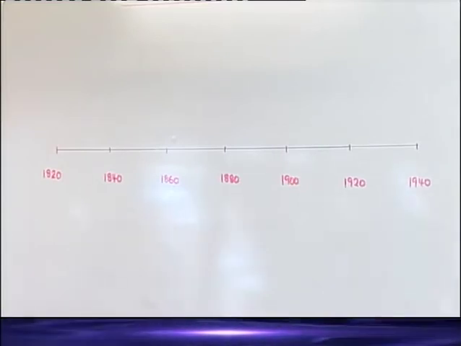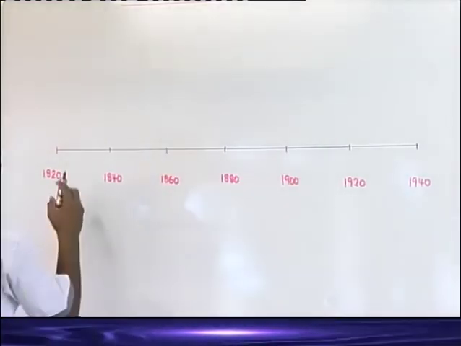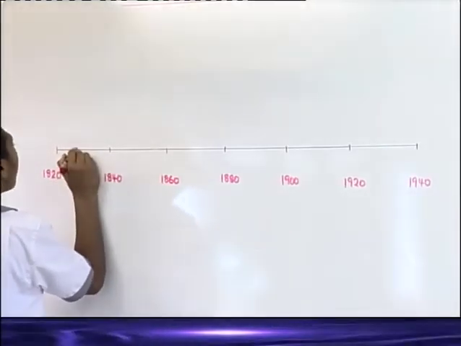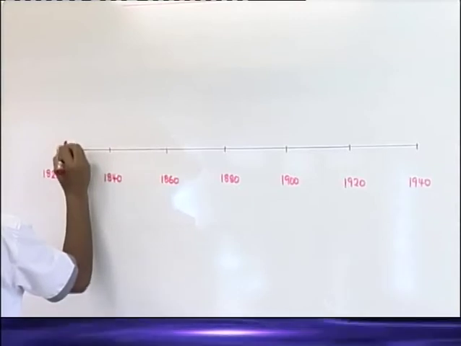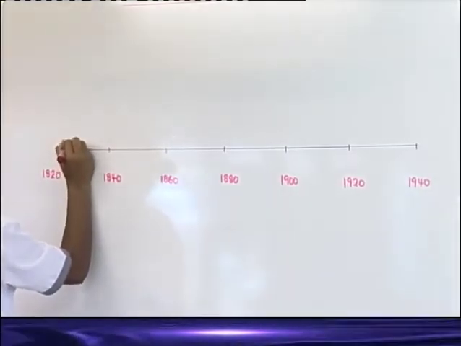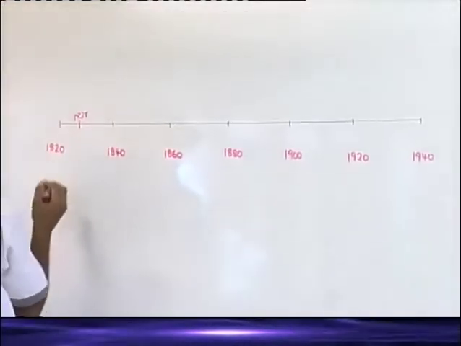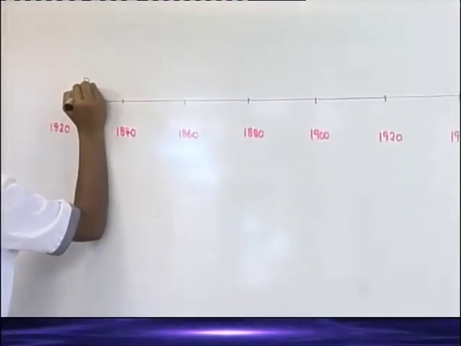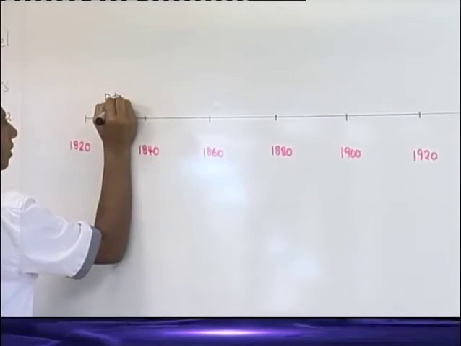Okay, the next one. 1884. Where does that go? In 1885. Can we have someone?